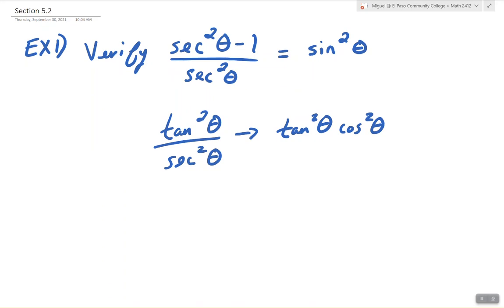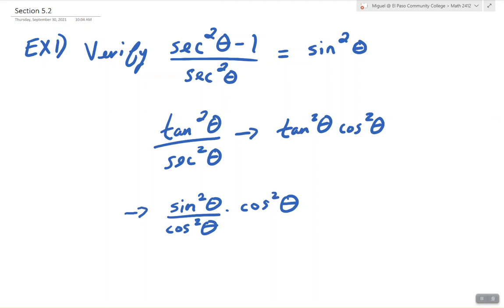Then you're looking to see where we're headed. We're trying to get to sine squared. Because we're here right now, we know that we can convert tangent to something that has sine in it: sine over cosine, all squared. So that is sine squared over cosine squared times the cosine squared next to it.